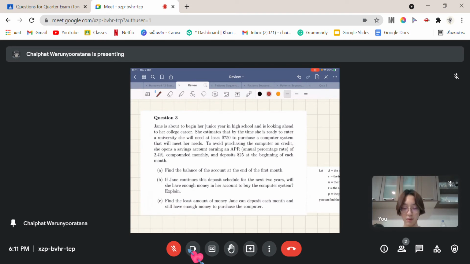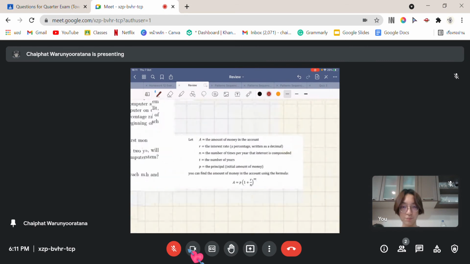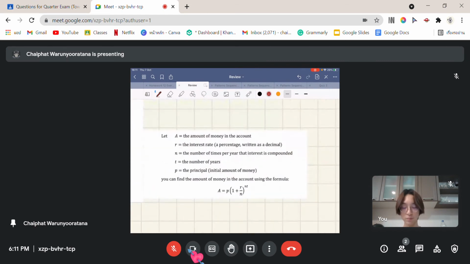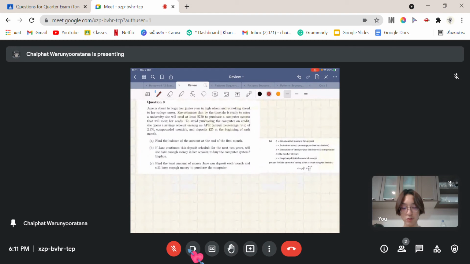Now, the first part asks, find the balance of the account at the end of the first month. So we are going to use this equation right here. I'm going to write it down.